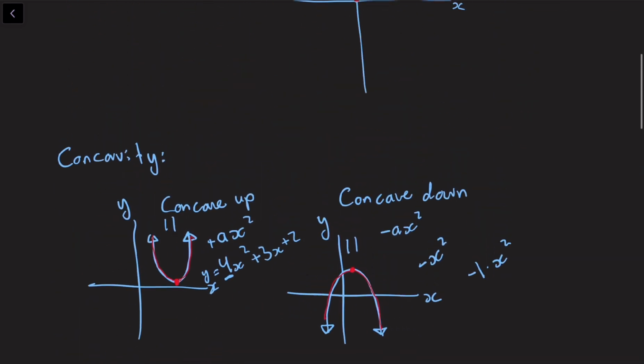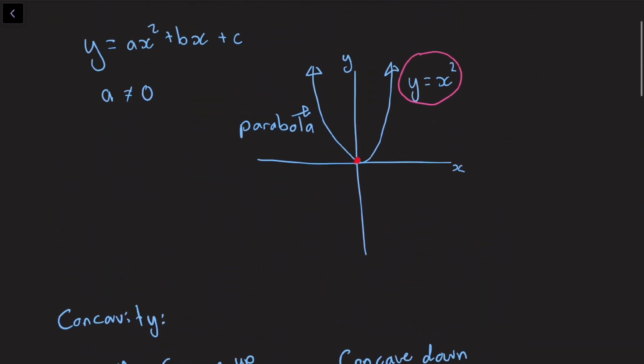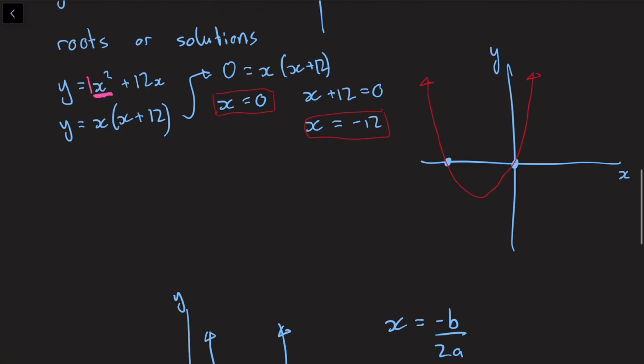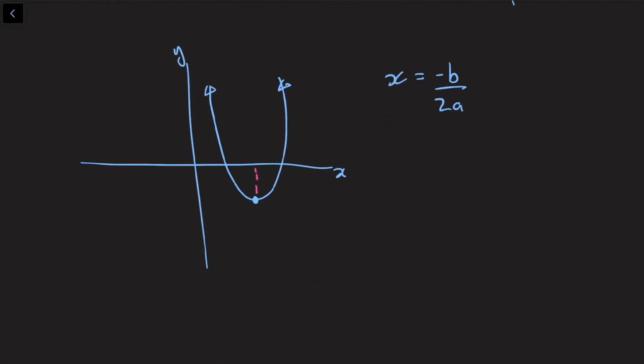Well, if we go back to our general or standard form, we can really just see what is a and b. So if we plug those in, no matter what the quadratic, we will always get whatever the x value is of a vertex. Now let's say this parabola represents this function right here.